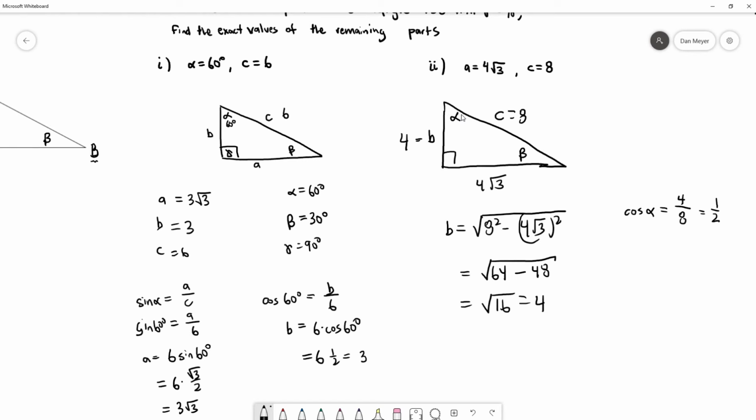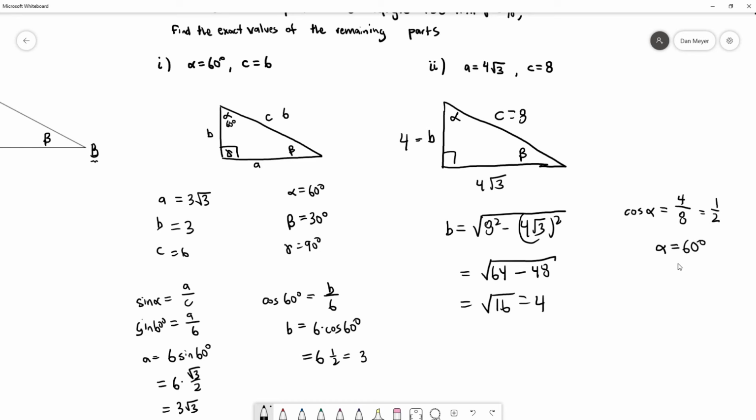Now, there are lots of rotations or real numbers whose cosine is 1/2, but there's only one acute angle. There's only one value in the first quadrant where cosine is 1/2. If you know your unit circle, then cosine is equal to 1/2 for alpha equal to 60 degrees.